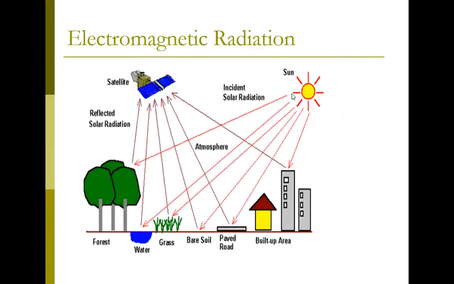Sunlight is traveling to almost all the objects. Forest. Here, water is shown in the blue color. This water may be in the form of a pond, river, lake, or sea.